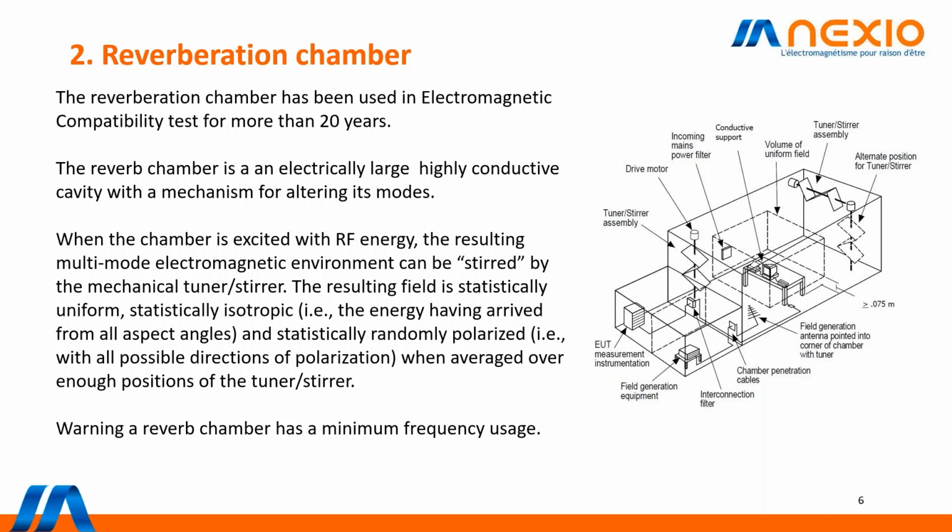When the chamber is excited with RF energy, the resulting multi-mode electromagnetic environment can be steered by the mechanical tuner or stirrer. The resulting field is statistically uniform, statistically isotropic, which means that the energy arrives from all aspect angles, and statistically randomly polarized, which means all possible directions of polarization, when averaged over enough positions of the tuner stirrer.